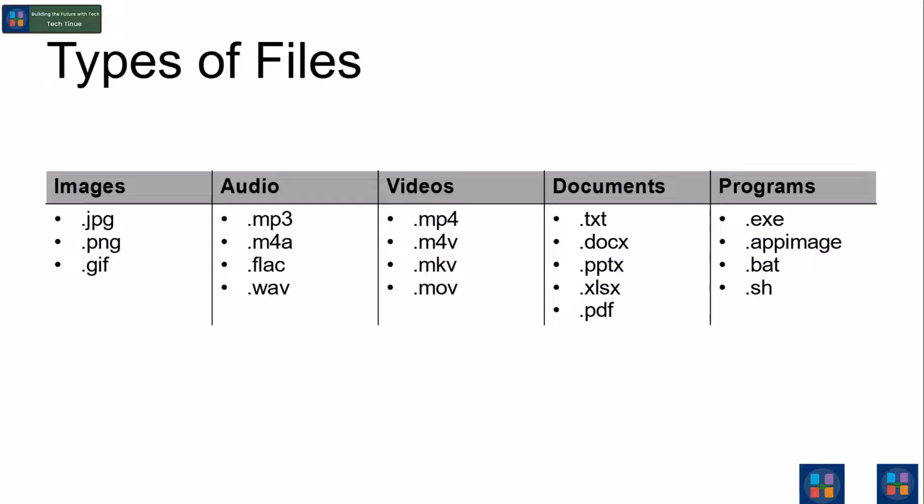Documents, you have the good old text file, the .txt file. DOCX is for Word documents. .pptx is for PowerPoint presentations. XLSX is for an Excel spreadsheet. And then PDFs.